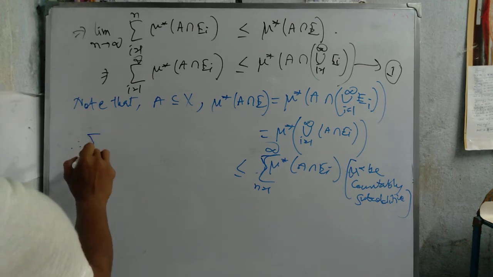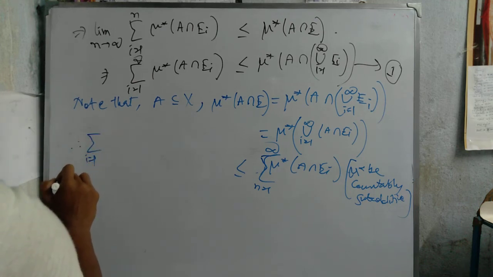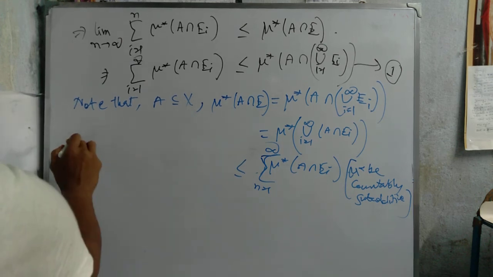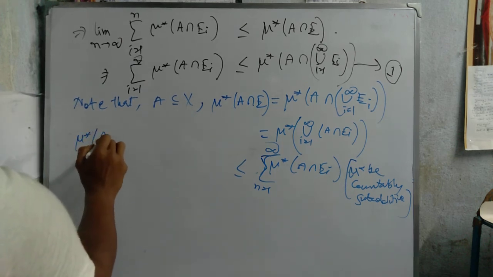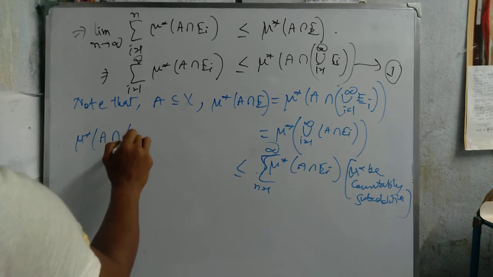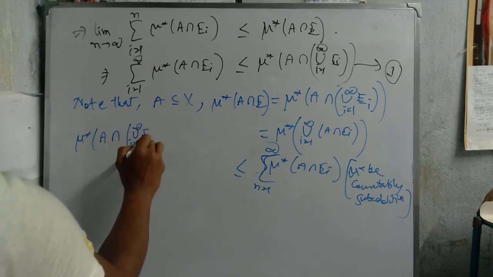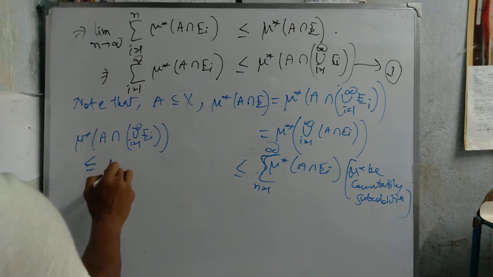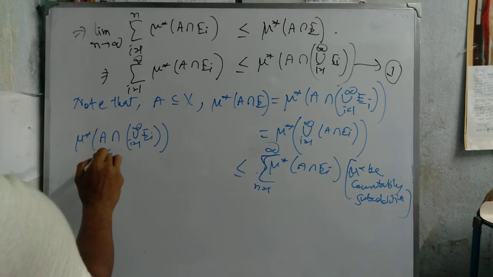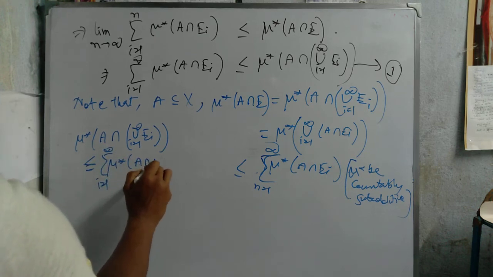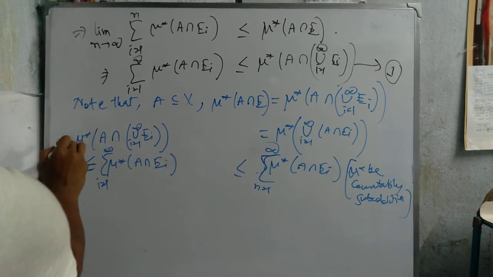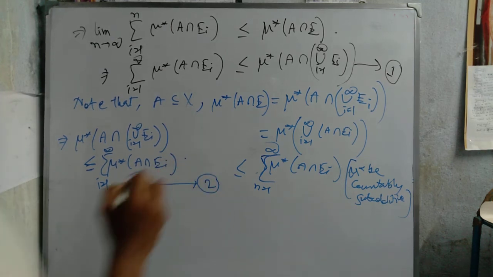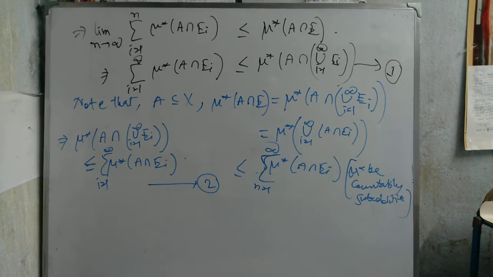We easily get that mu star of A intersection union of i equal to 1 to infinity E_i is less than or equal to the summation i equal to 1 to infinity of mu star of A intersection E_i. Understand? Marked as number 2.